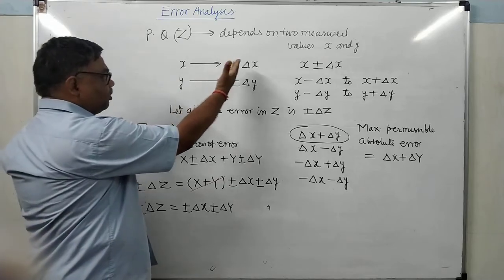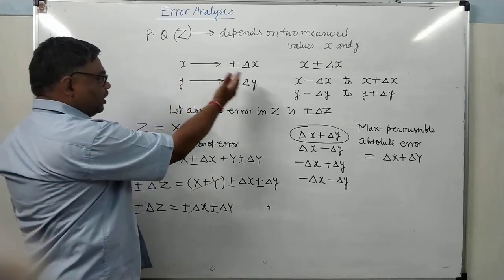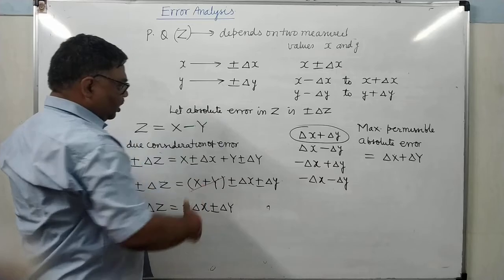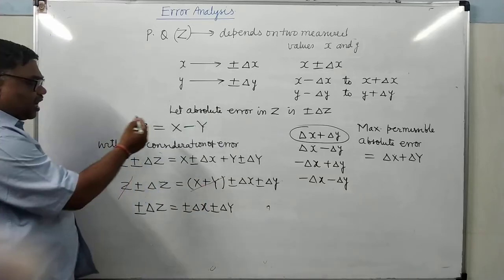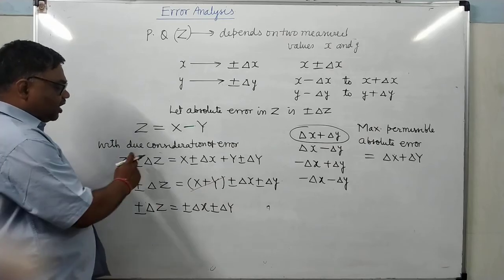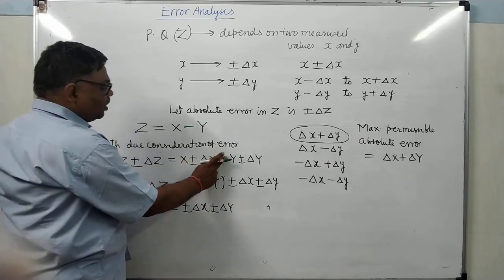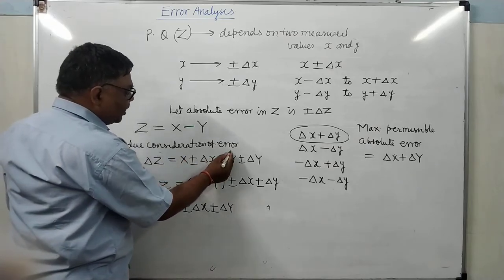The absolute error in the measurement of x is delta x, in y it is delta y, and in z it is delta z. So when you write with due consideration of the error here, there will be a minus sign.